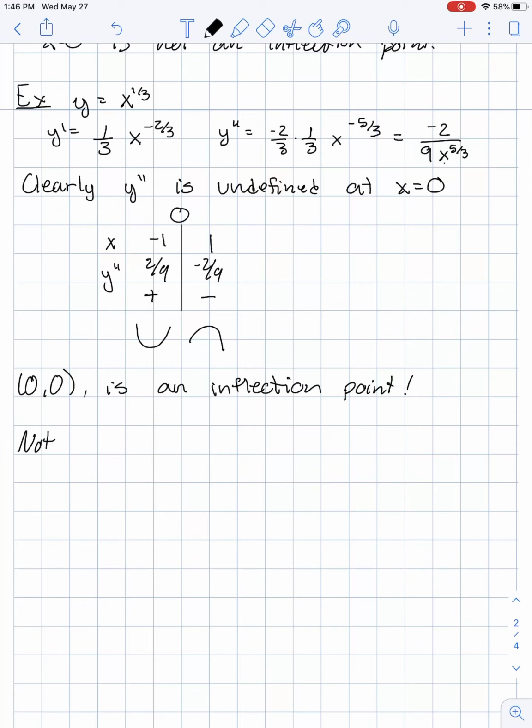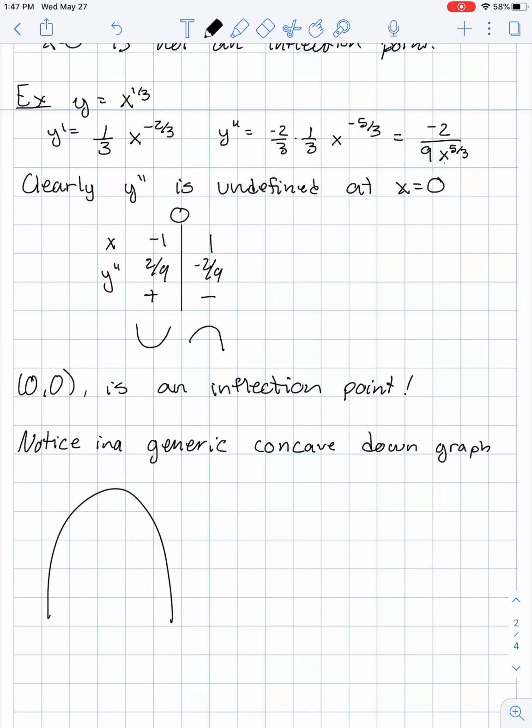Notice if I draw a generic concave down graph, just like a big frown, I'm going to have an extrema right there.